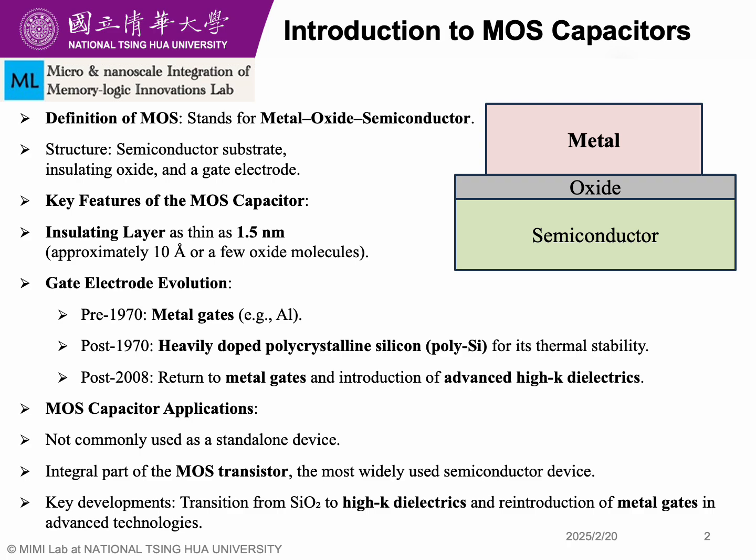Now, if we summarize this slide, the MOS capacitor is a functional element in semiconductor technology. Its structure, key features, and the evolution of the gate electrode reflect the ongoing innovations that have shaped modern electronics.